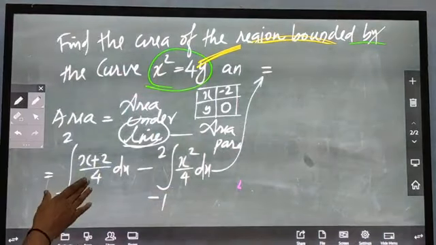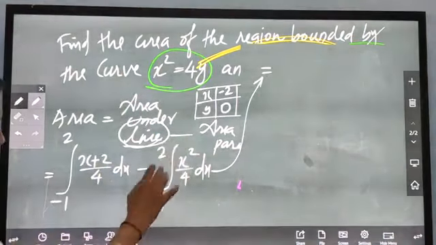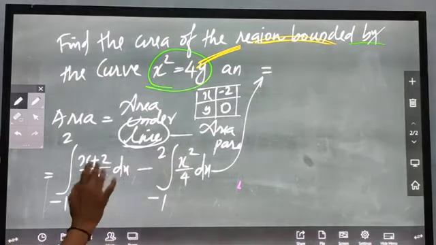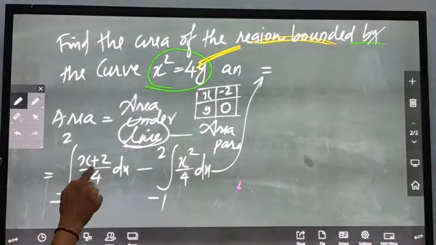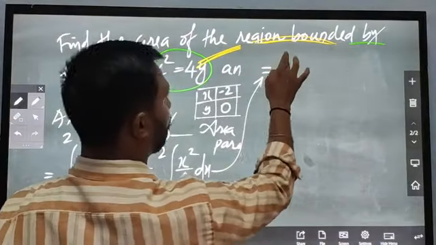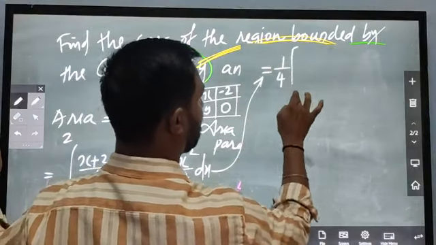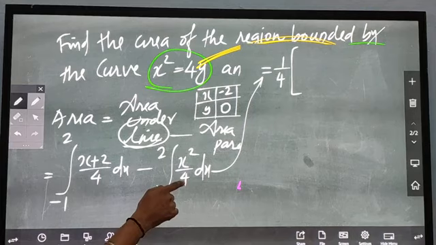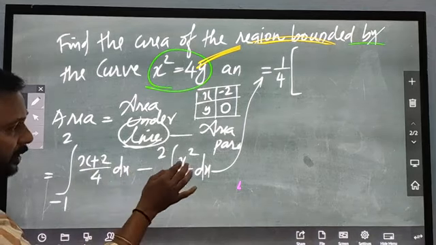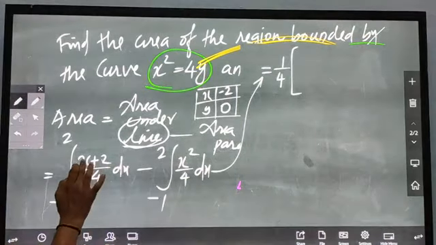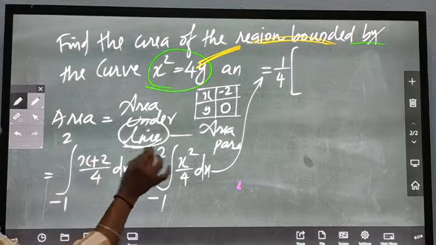Solve this. See, both the integrals are under the same limits of integration. Therefore, we will combine these two together. 1 by 4 is common from both the integrals. Here 1 by 4, here 1 by 4. What remains is x plus 2 dx and x square dx. Right? What are the integrals of x, 2 and x square?